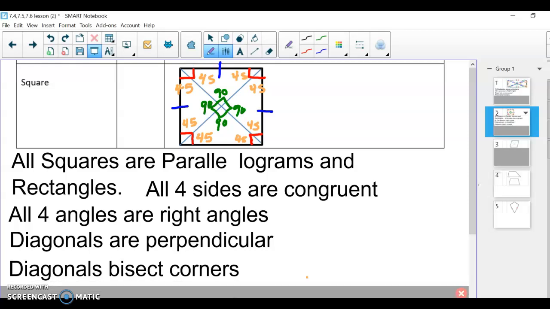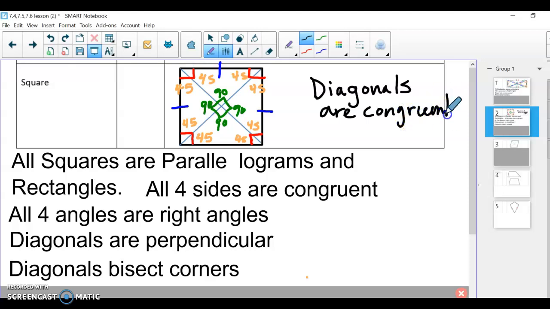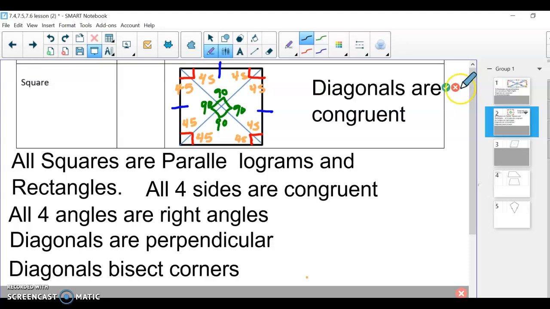I think there's one more thing that I didn't have written on there, and that is that the diagonals are also, let's see. For some reason it's not letting me write down there. Diagonals are congruent. So they're also the same length. I like that. So if this one right here was 7 inches long, then this one would be 7 inches long.